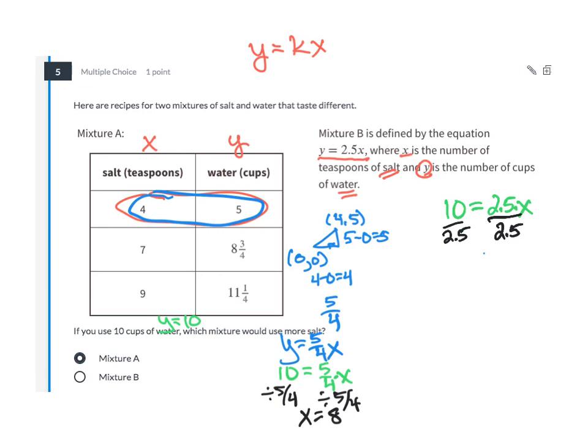Grab your calculator, put it in there, divide it all out. Let's find out what we have. So divide it out, we have x equals 4 cups. So we have 8 cups, and then we have 4 cups. Which mixture would use more salt? Well, that would be mixture A because it has 8 cups.